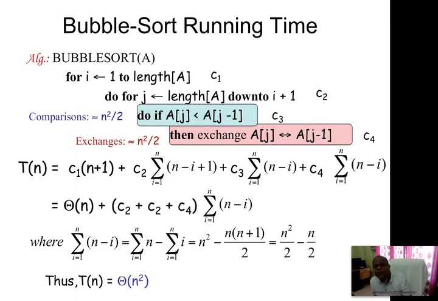Now if you compare this bubble sort algorithm with the insertion sort algorithm, insertion sort is somewhat better than bubble sort. Why? Because bubble sort takes theta of n square irrespective of how the input comes. But insertion sort sometimes takes theta of n square and sometimes big omega of n.